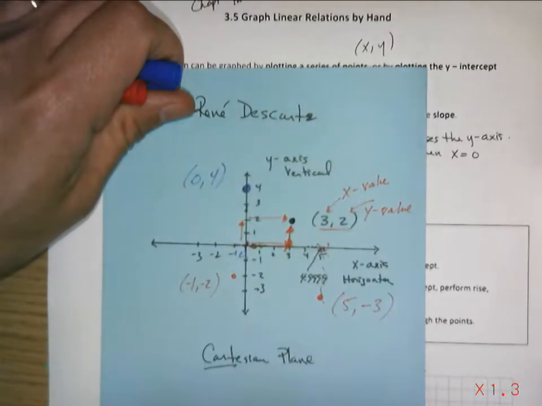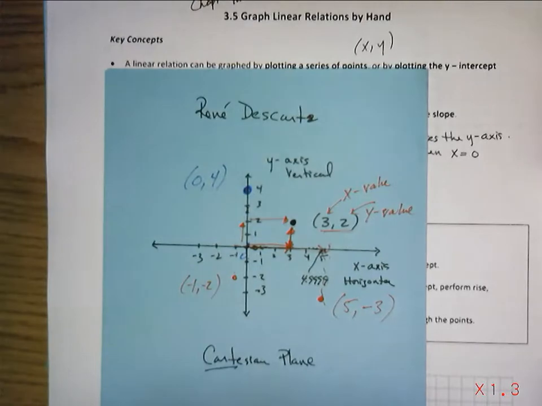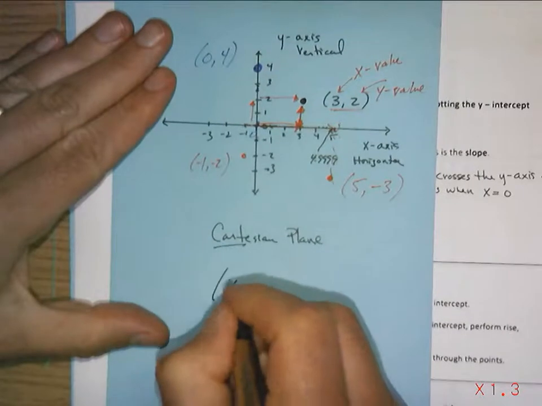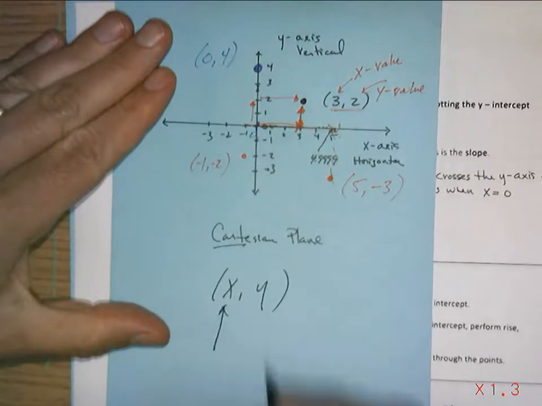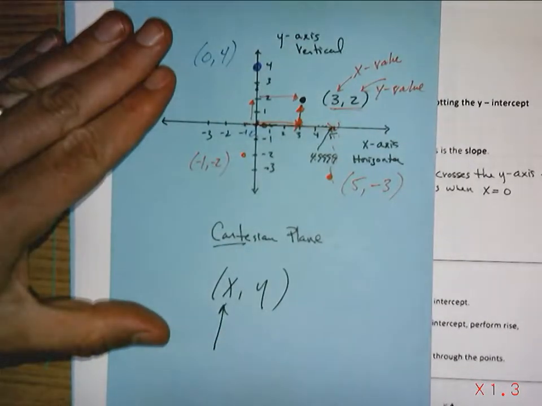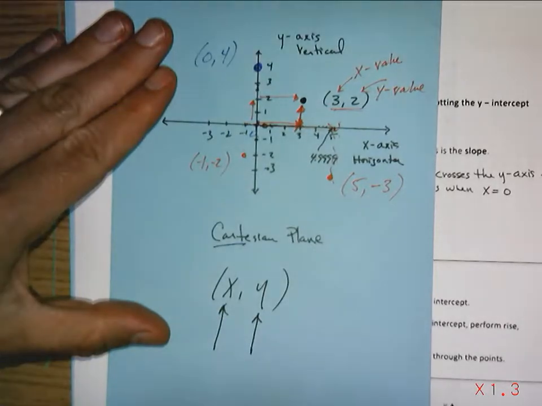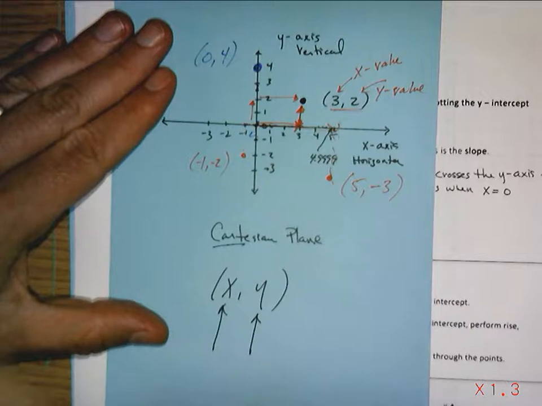There you go. So really important to remember with this stuff, and sometimes we forget, and when we forget, everything falls apart: the x value, the horizontal value, must come first. Must. The y value, the vertical value, must come second. It has to. There's no way around it, otherwise everything gets goofed up.